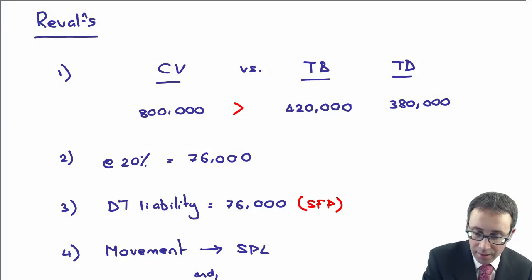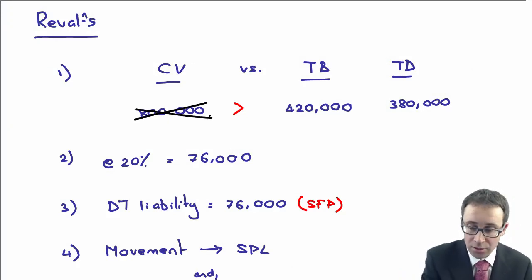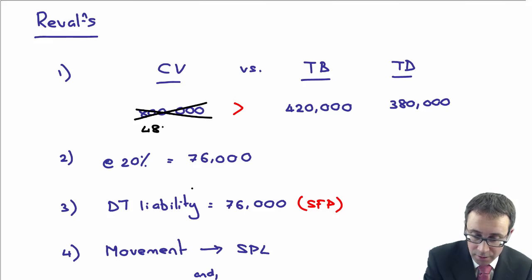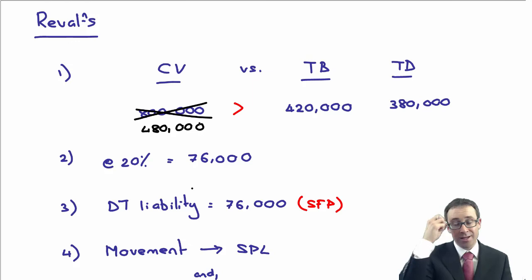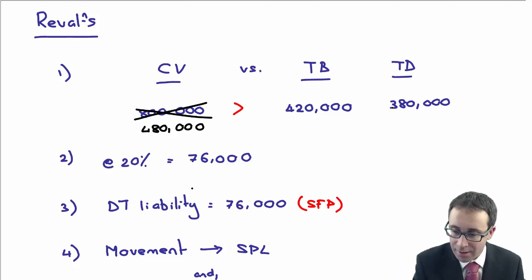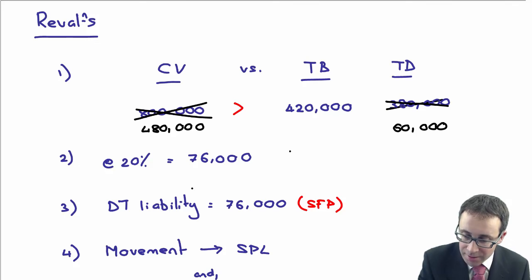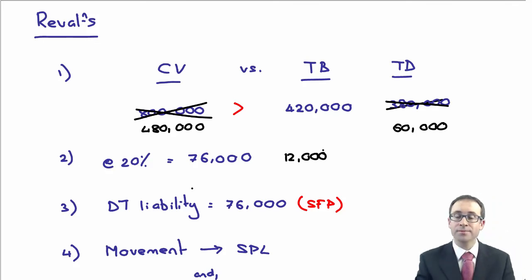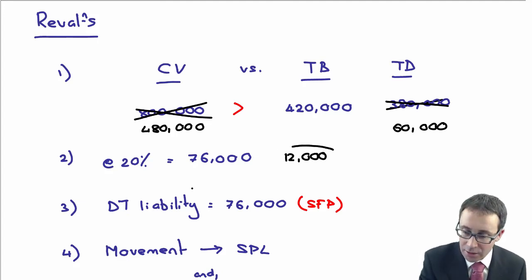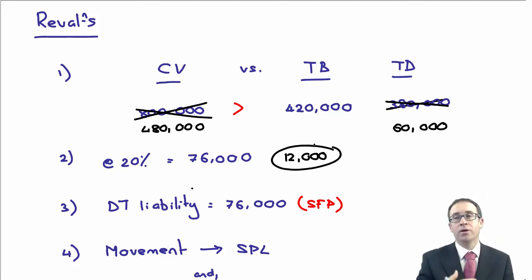So if we were to put in, you don't need to do this, it's just for demonstration purposes. If there was no revaluation, the normal movement would have been 480 to 420. That then means the carrying value is greater by 60,000, and at 20% there, that would have given us 12,000.